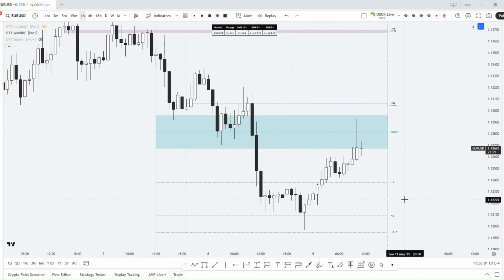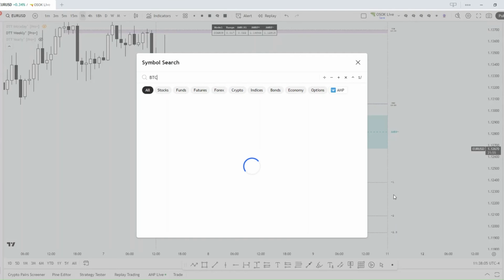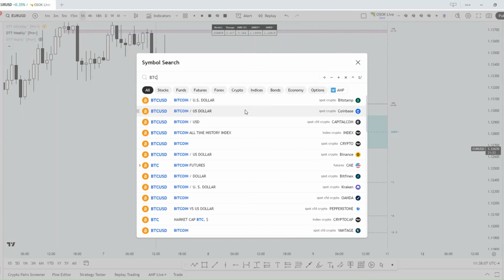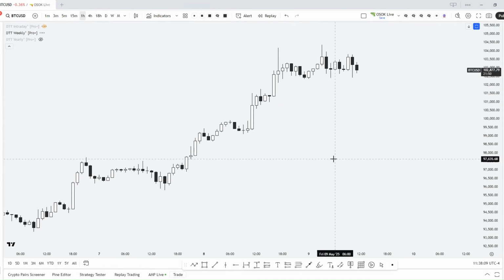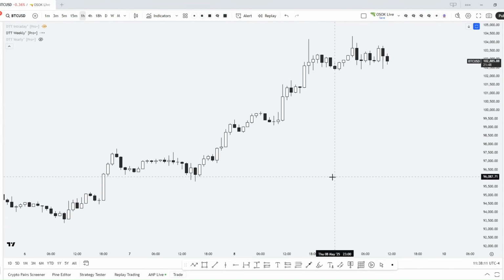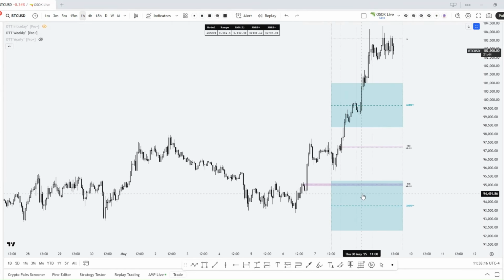All right, next let's look at Bitcoin. So for the crypto traders, or Ethereum, let's see what's going on there, right? I'll go to Coinbase. Strong uptrend here. Let's go to the beginning of the week.